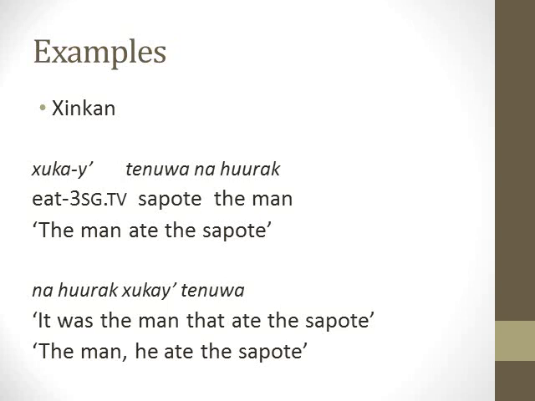And we want to see if any words, any groups of words, act as a unit. And it turns out that we can move nahurak around as if it was one unit, right? Despite its pragmatic differences. And this supports the idea of constituency and helps us refine the model that we are trying to construct of language.